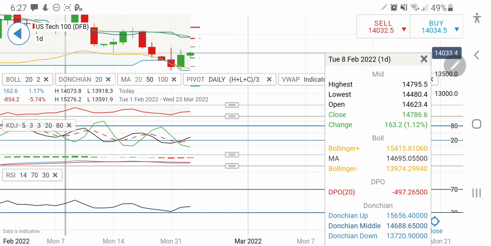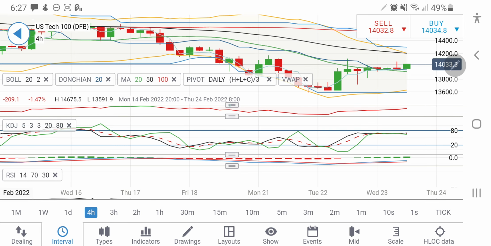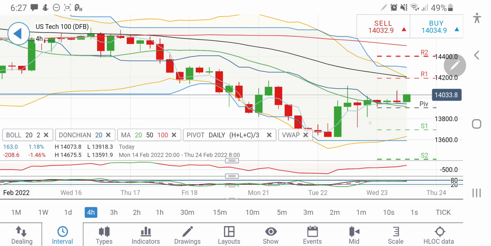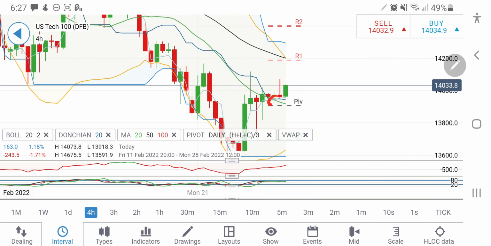But now let's have a look at the indicators on the 4-hour charts. On the 4-hour charts, this 20 period moving average is going to provide US100 a stronger support at 13950. This is the exponential moving average, and 13950 and 13900 are providing stronger support for any further drop.